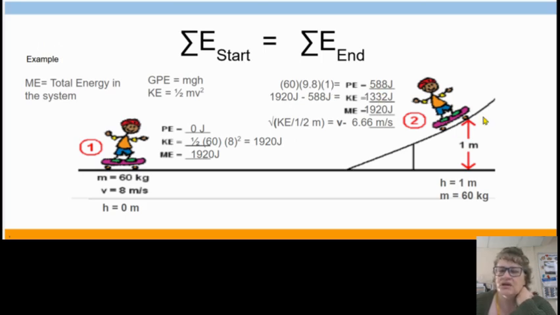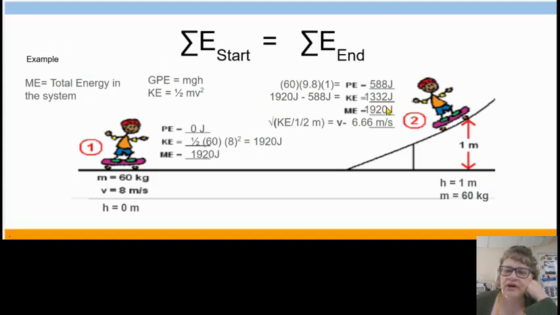They don't tell us how fast he's moving, so calculating the kinetic energy this way isn't an option. But we know that the total energy is the potential energy plus the kinetic energy. So if I take the total energy minus the potential energy, the leftover has to be kinetic energy.